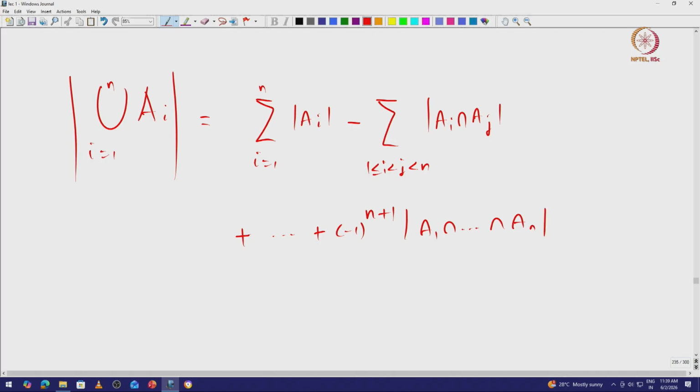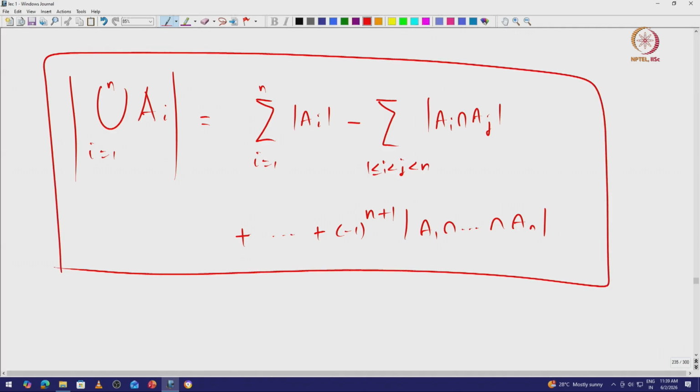So, we can give multiple proofs of this fact. One can use, for example, induction in order to prove this statement.